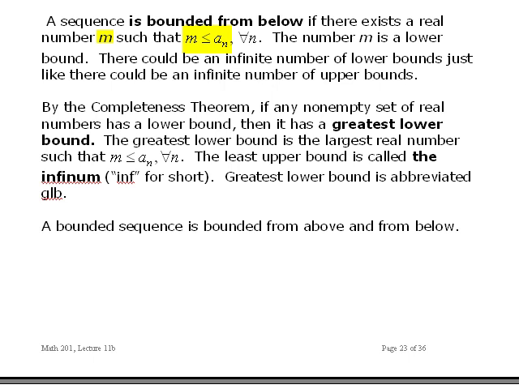That means there is a largest real number, little m, such that m is less than or equal to a_n for all n. This greatest lower bound is called the infimum, inf for short, or you can sometimes just see greatest lower bound, abbreviated GLB. A bounded sequence is one that's bounded both from above and from below.